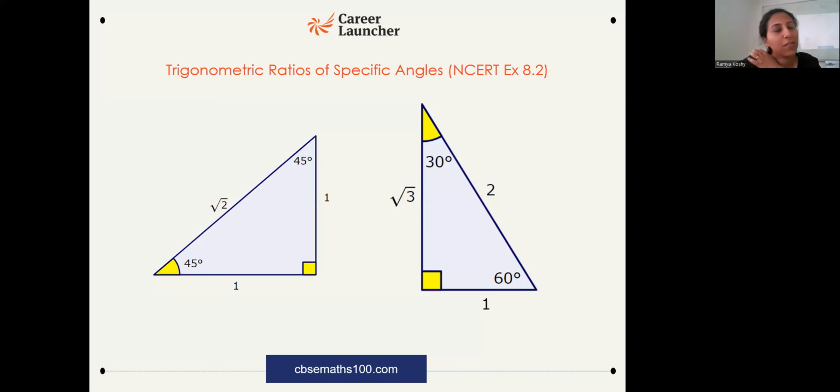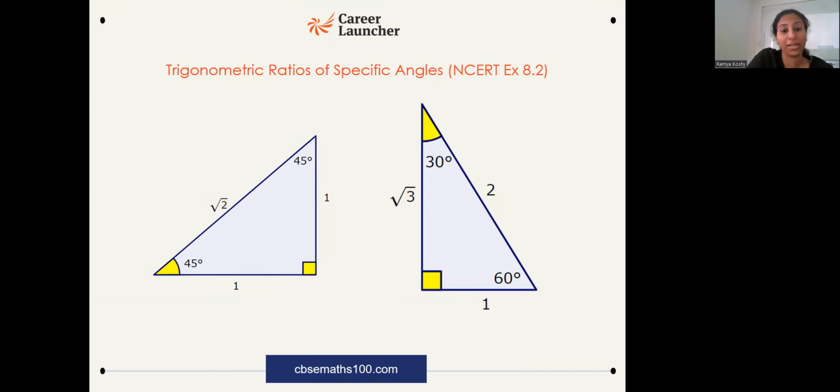Okay, so when you're finding the value of trigonometric ratios of specific angles, in case a geometrical derivation is asked for, say for 45 degrees, they ask you to prove that sin 45 is equal to 1 by root 2, prove that tan 45 is equal to 1.